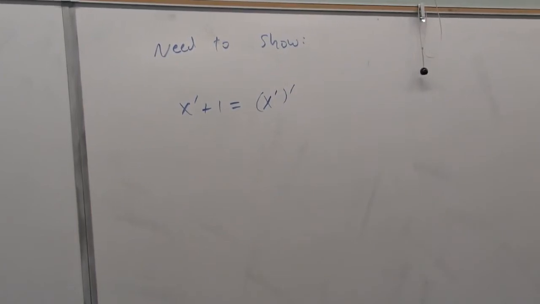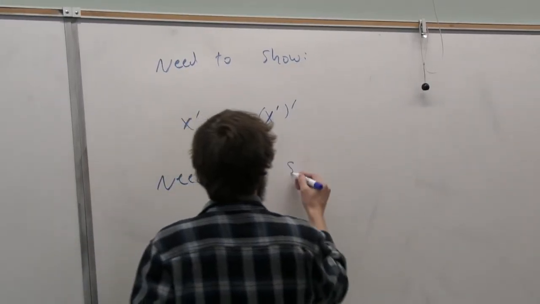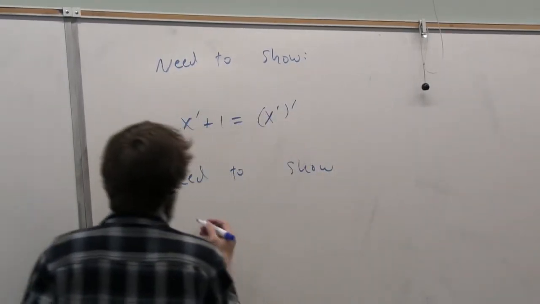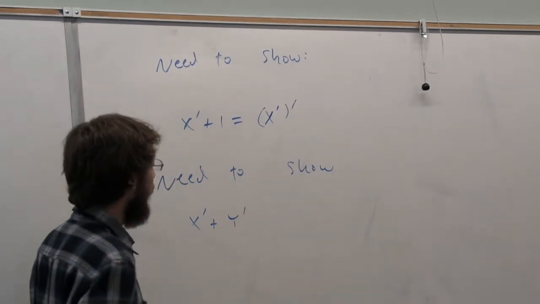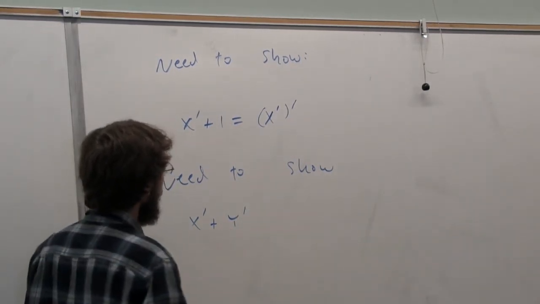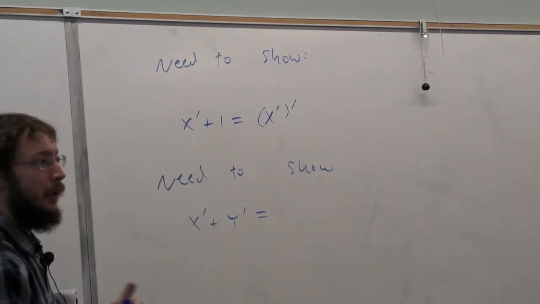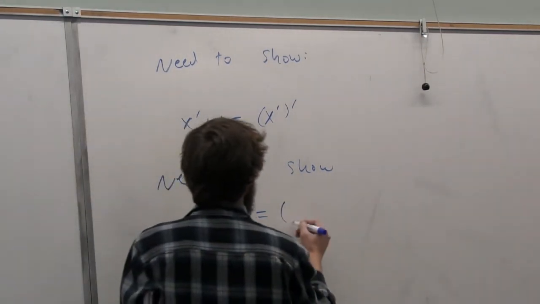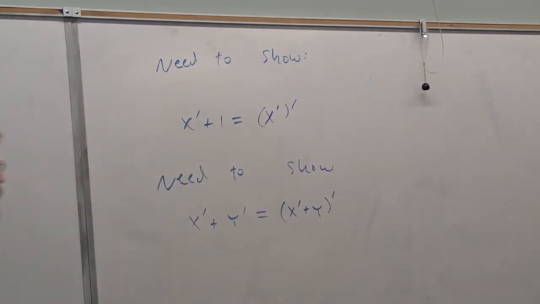And we also need to show that this property holds. That whenever you have x successor plus the successor of any other number, that this is equal to x successor plus that number and the successor of that.